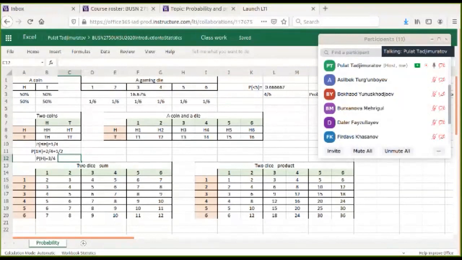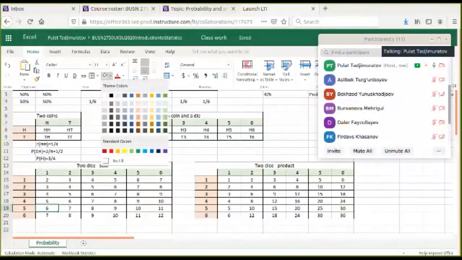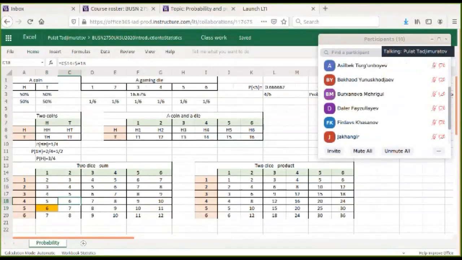So here I have two tables, one for the sum of 2 dice rolls. If both of them are rolled 1, you get 2 as their sum, because 1 plus 1 is 2. You get 3 for 2 and 1, you get 3 for 1 and 2, and so on. And we can see that, let me colorize those outcomes so it will be easier to see them.